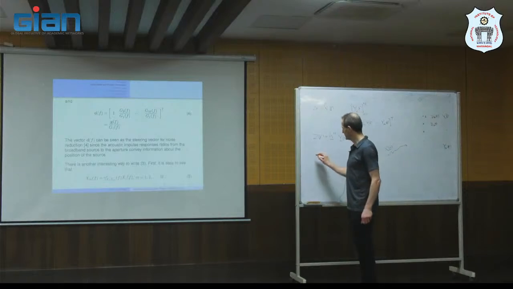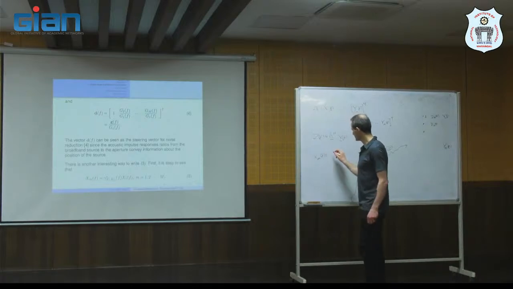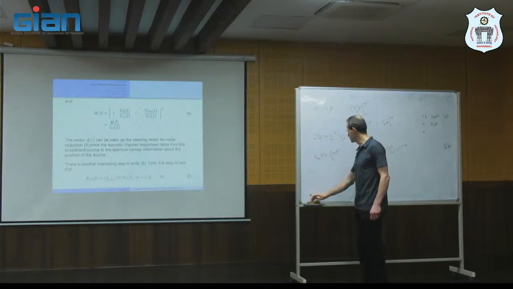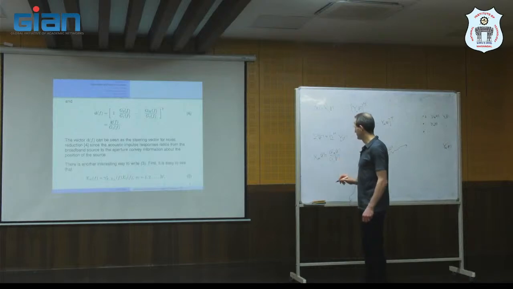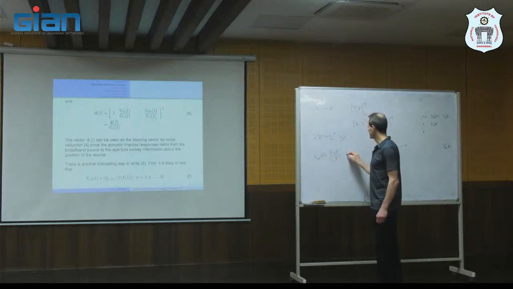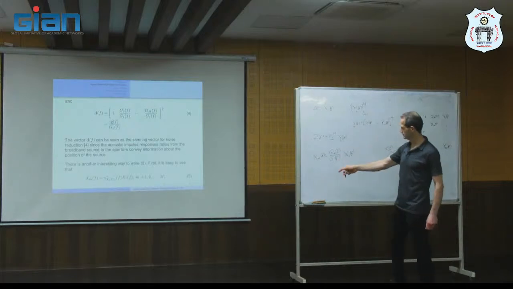Do you agree that XM(f) equals GM(f) divided by G1(f), multiplied with X1(f)? Okay? From the model.